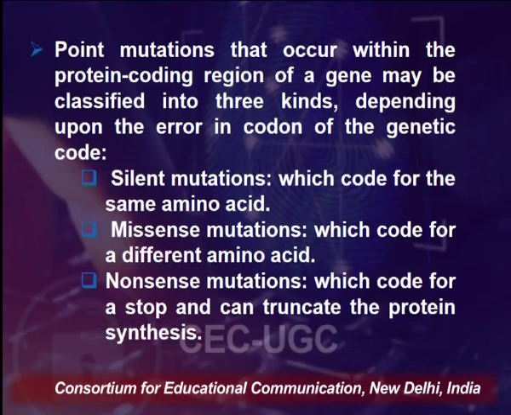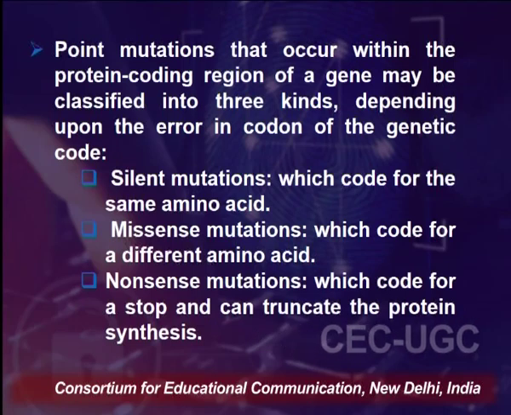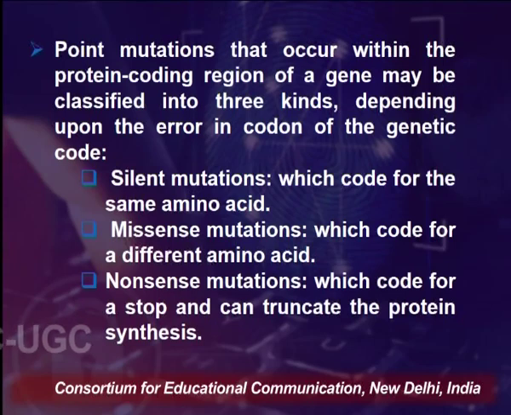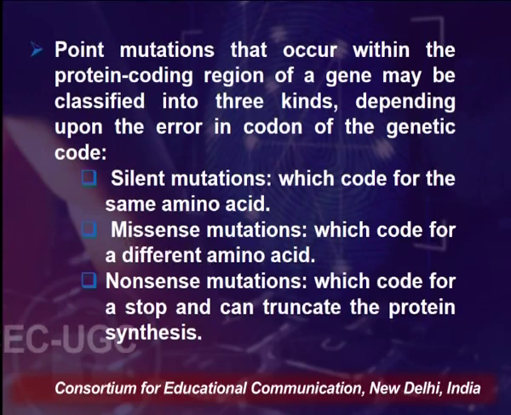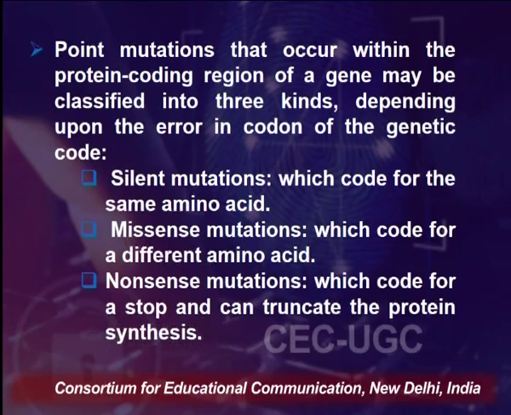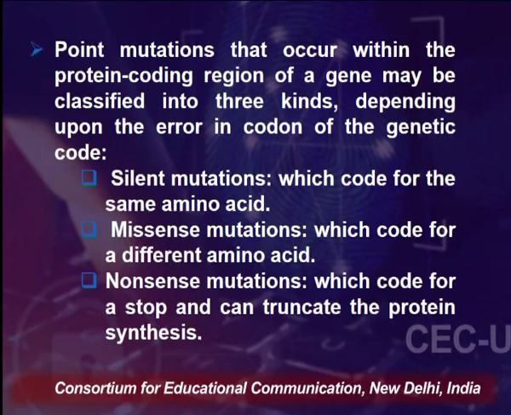If the mutation changes the code to a different amino acid, we call it a missense mutation. But in certain cases that mutation codes for a stop codon, and we have different stop codons which code for different stopping of that particular protein.